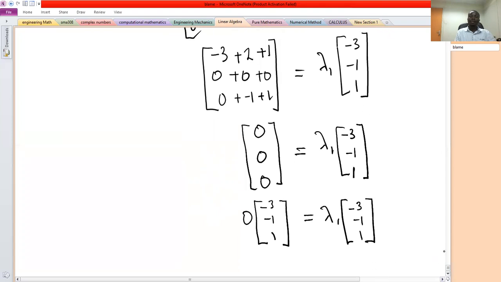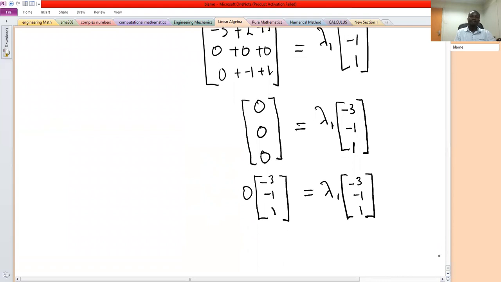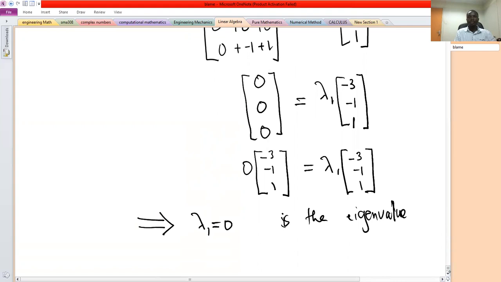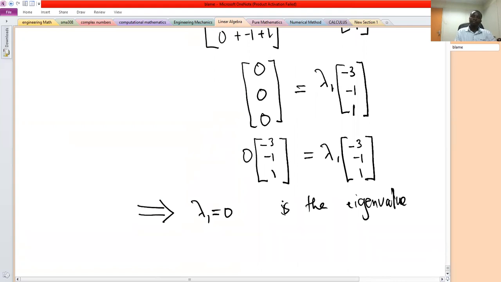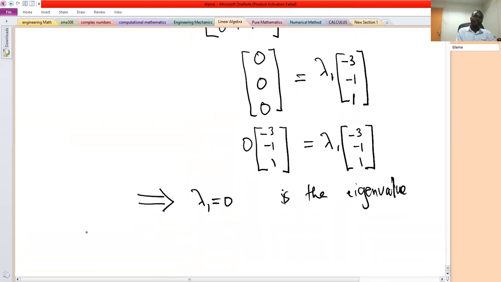And so this implies that lambda 1 is 0, the eigenvalue corresponding to x1.